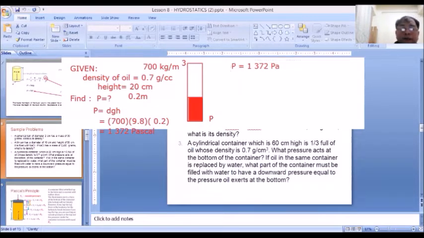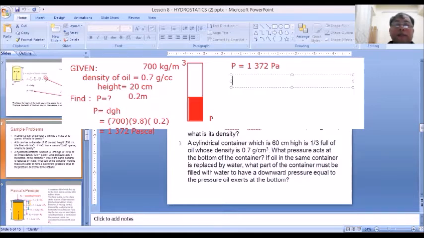Now, the other question here: what part of the container must be filled with water to have a downward pressure equal to the pressure exerted by oil? So we have to find how high the water is that we are going to put in a similar container.